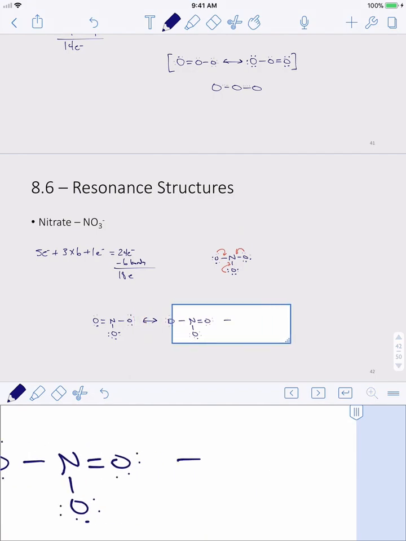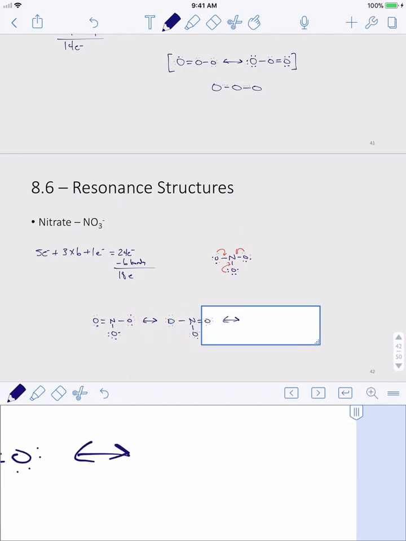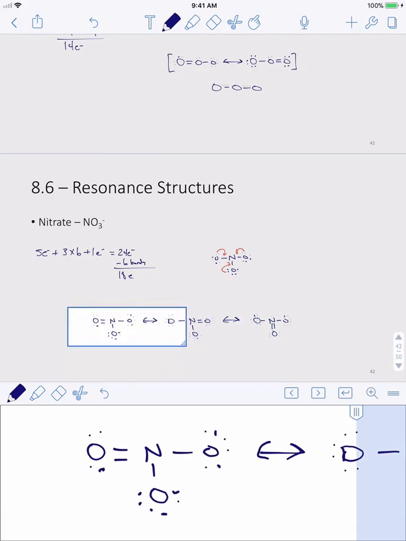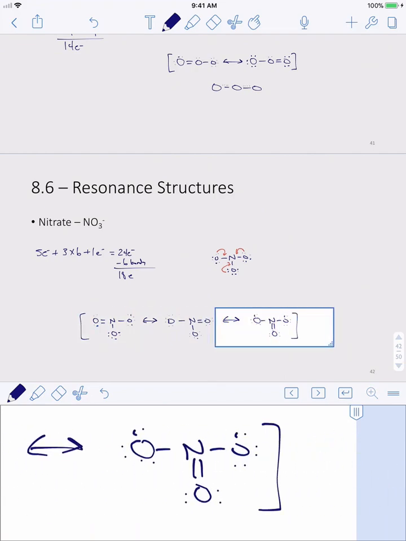And then double-headed arrow again to the third option. Whoops, let me give you some space. So all 3 of these are valid structures, and the last thing we would want to do is put a bracket around it and put a -1 charge to indicate that all of these are negatively 1 charged.